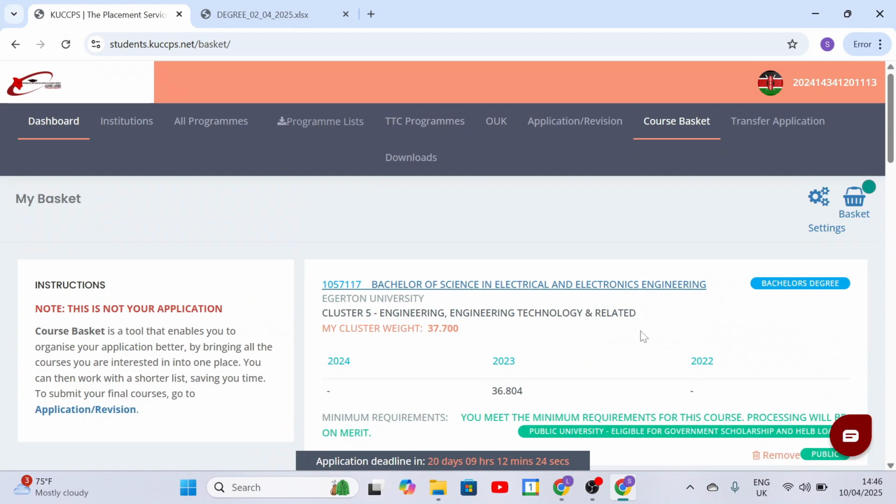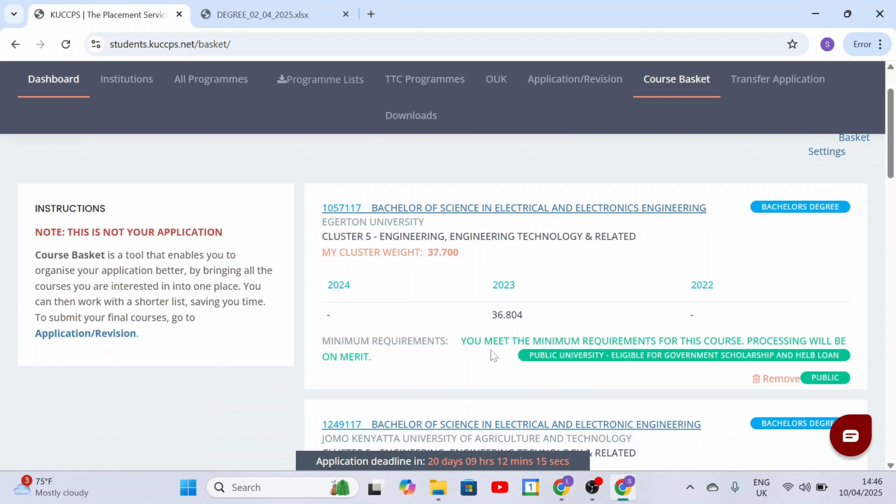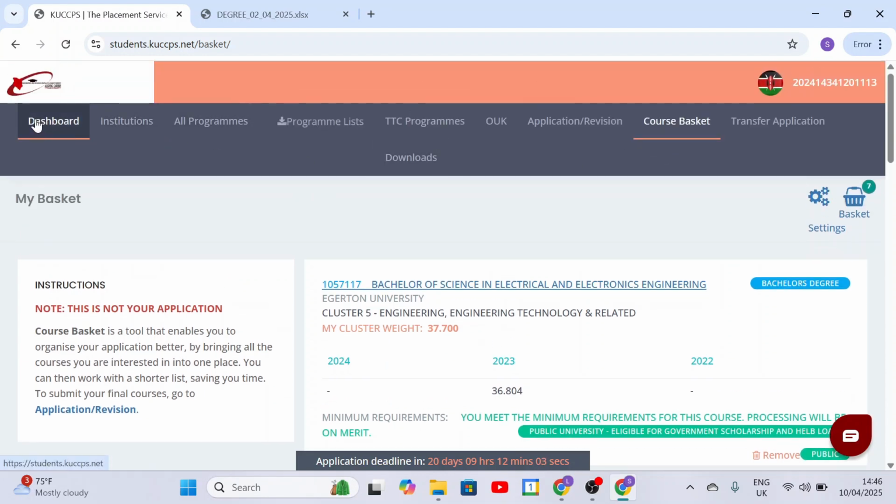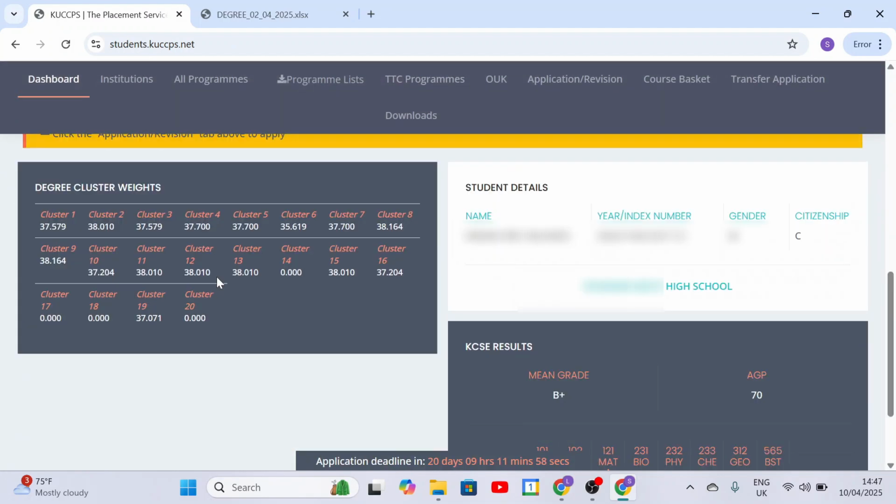Maybe I should show you one course that I am not eligible to do and what COOPS will tell me. Because if you're not eligible for a course, they will tell you that you don't meet the minimum requirements and you cannot go on to apply for that course. Let me show you an example of such a course. How do you know a course that you don't qualify for?